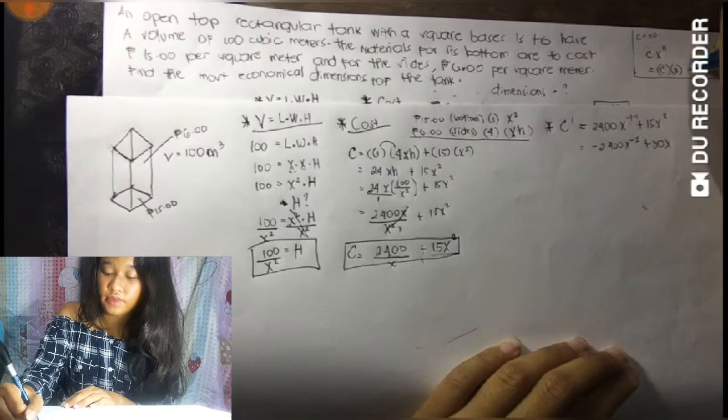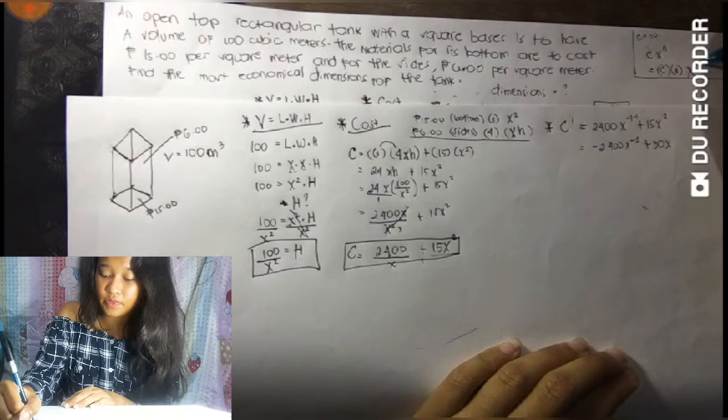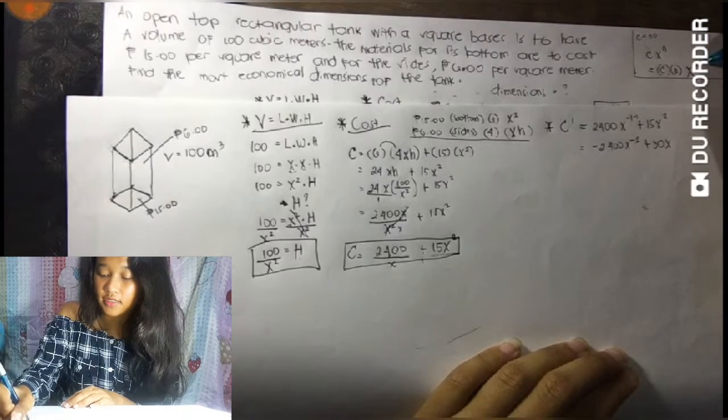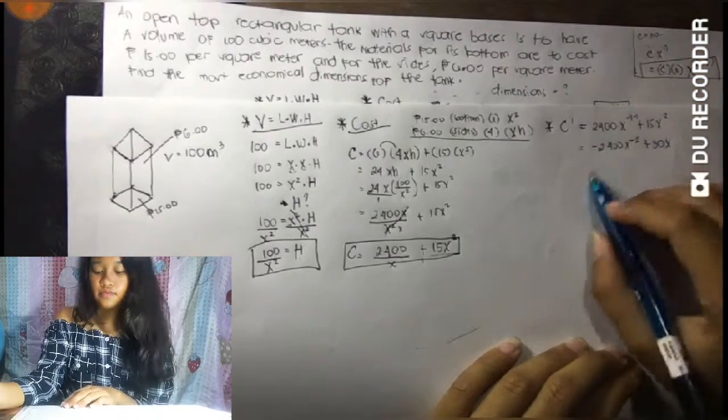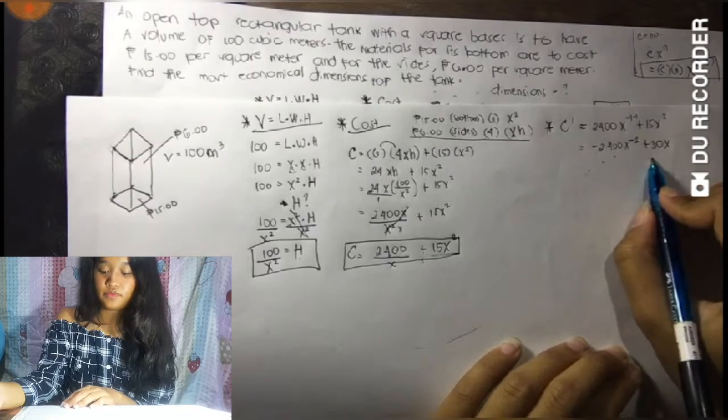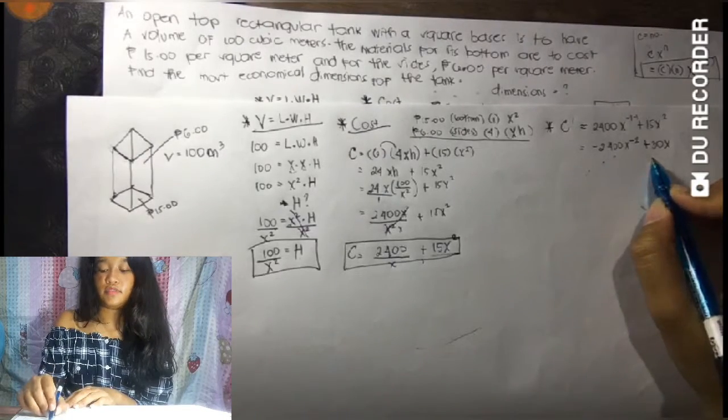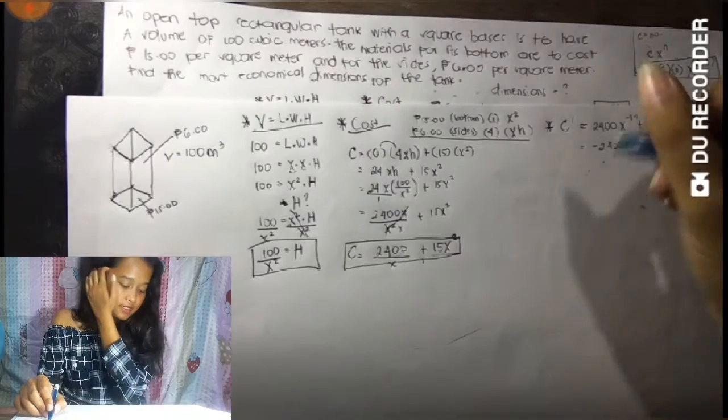To get the derivative, we can just simply do C times the exponent, then x to the power of n minus 1. You can just use this one and then proceed. We already have our derivation.